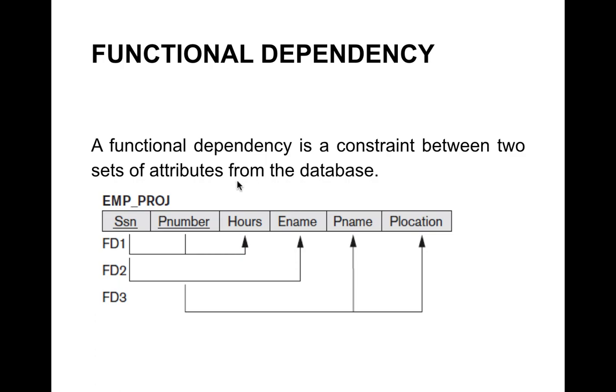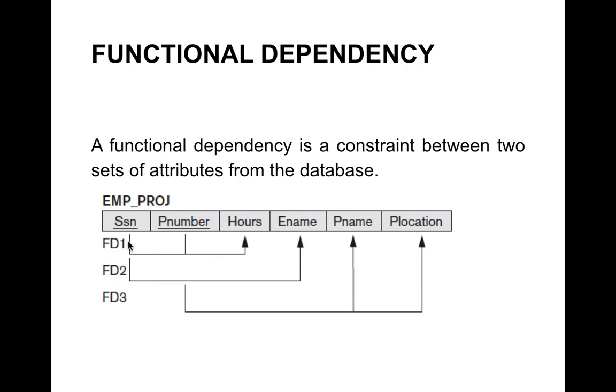What this means is, let's take FD2 to understand this. SSN gives ename, which means if you know the SSN value of a particular tuple, you can also know what the corresponding employee name is. We say ename is functionally dependent on SSN.